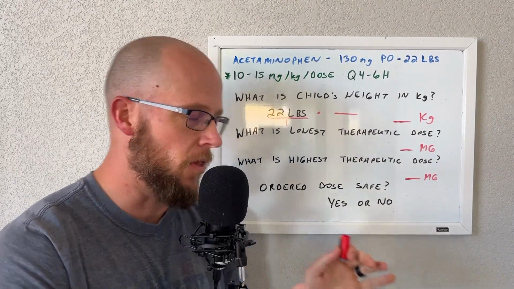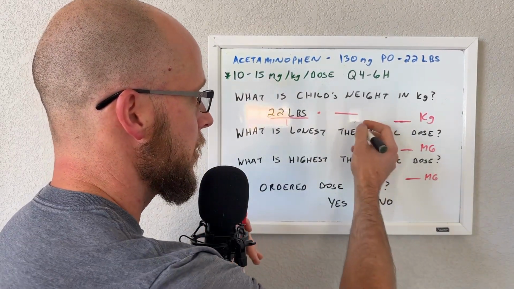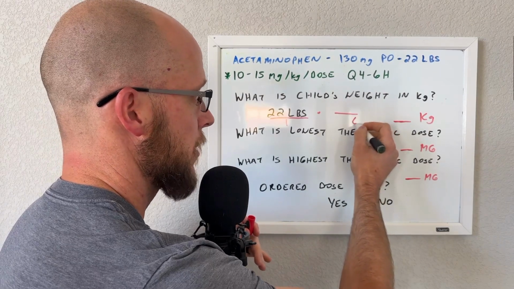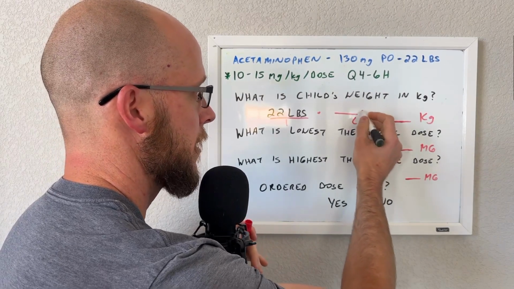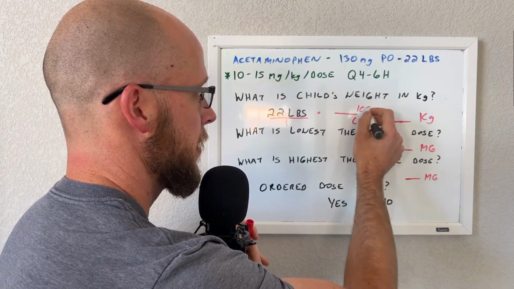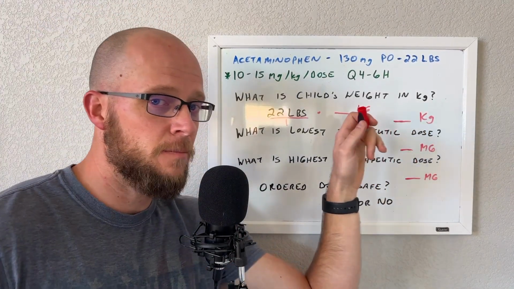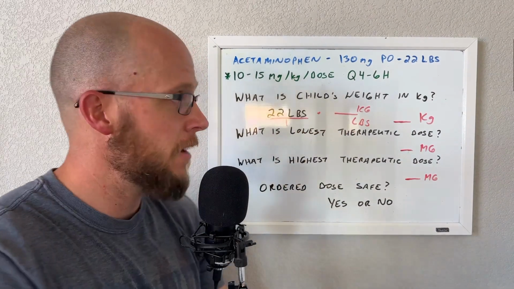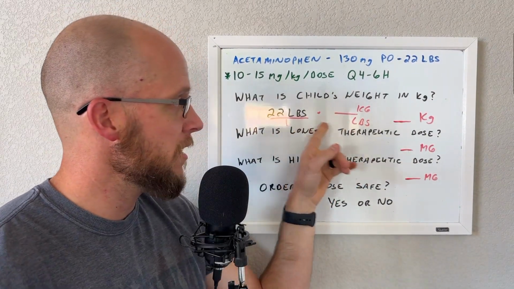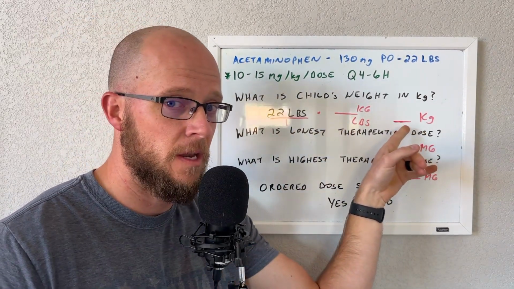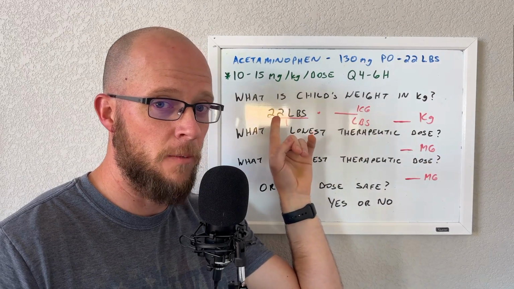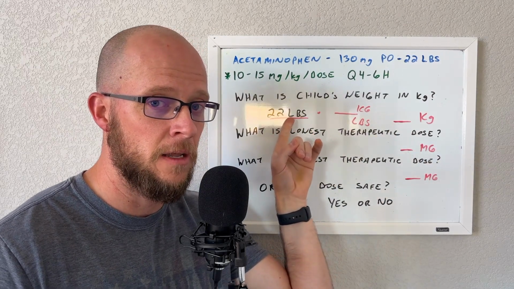Hopefully it makes sense as I move along here. So what I want to do is put my units on here. So we're going to go pounds down here and then kilos up here. So that way I end with kilos on top. That's my goal, is whatever I start with, I want to end with this over here. So I want to cancel everything out that I don't need.